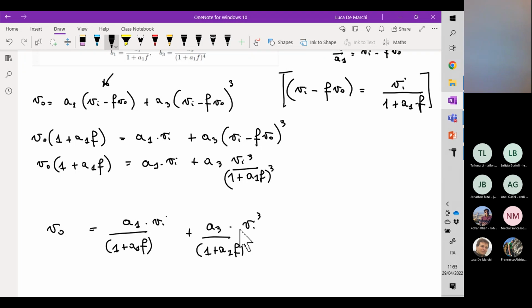And again, this is good news. So we are in a very favorable situation thanks to the feedback loop, because the input impedance is increased by this factor and the output impedance is decreased by the same factor. Okay, so a lot of benefits originate from the connection through the negative feedback.